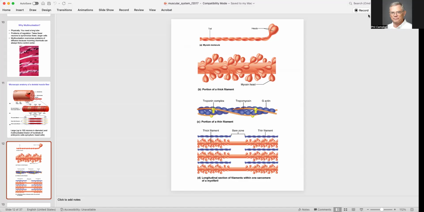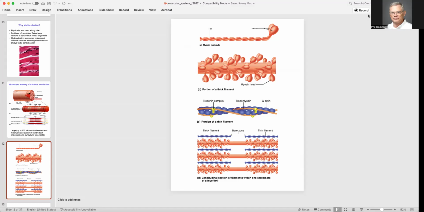It's the protein tropomyosin, so that binds to the actin molecules and holds them in place. The next thing you see is this little group of yellow balls, which is called the troponin complex. This plays a critical role in initiating contraction and relaxation. We'll get into that in a moment. Again, I'm just focusing on the anatomy.